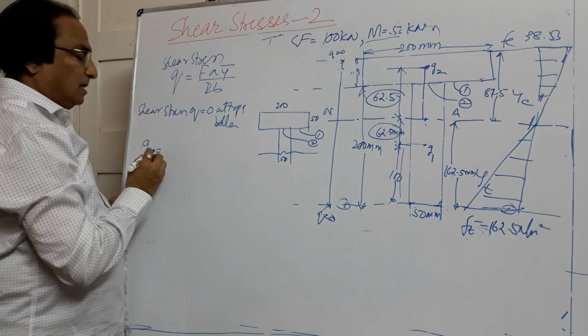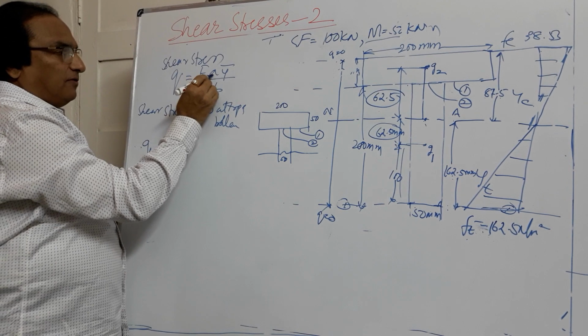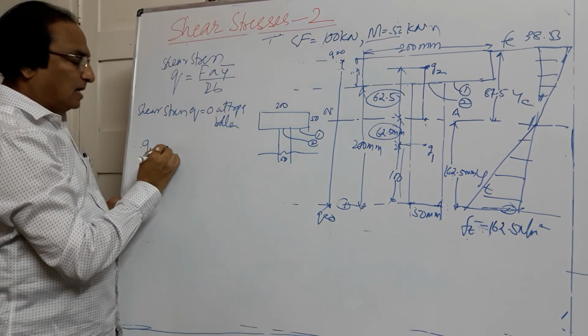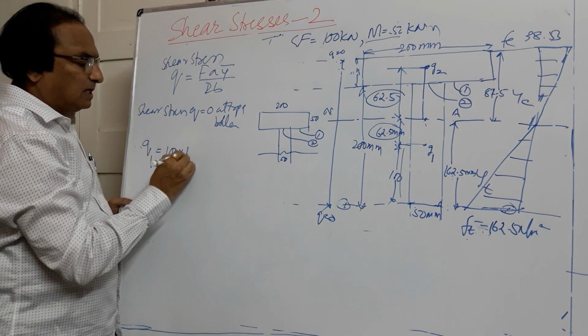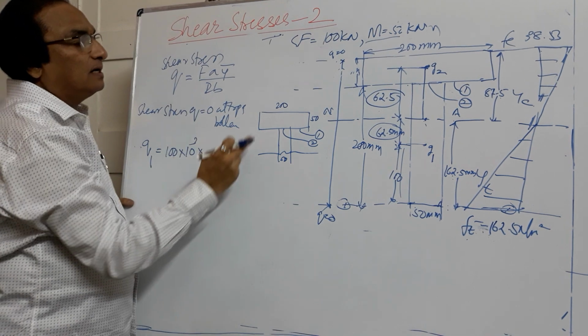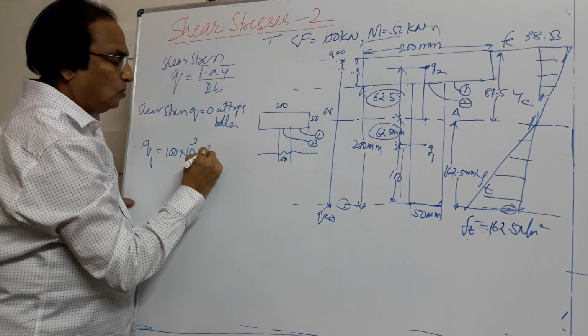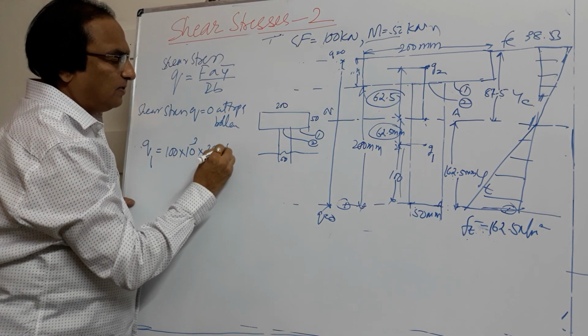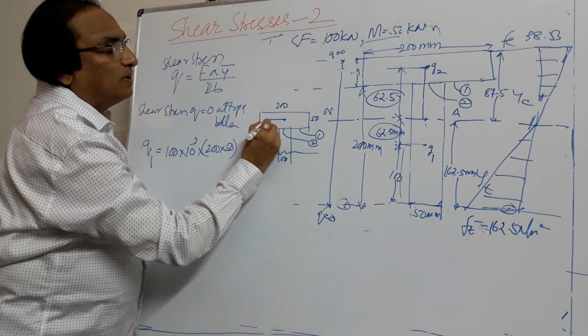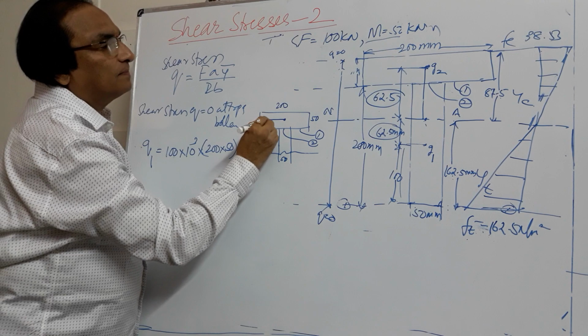The formula we are using is F A y bar by I B. The shear force given is 100 kilonewton, so let us convert it into Newton. F A y bar is the important part here. What is the area? 200 into 50. Y bar is the distance of the center of the component from the neutral axis.